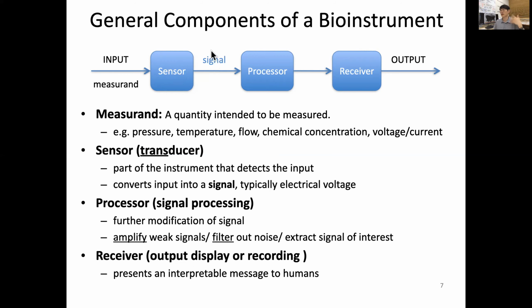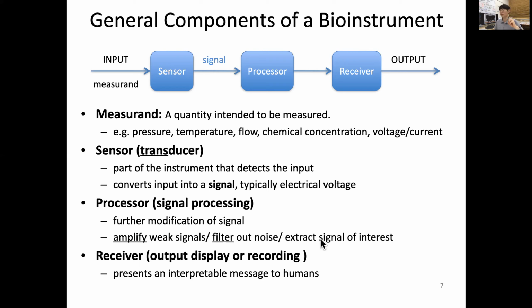Now you have converted it into a raw signal, then the raw signal needs processing. This is further modification of the signal, because many times the signals are so weak that you need to amplify them. At the same time, signals usually come with noise, so sometimes you have to filter out the noise and extract the signal of interest.